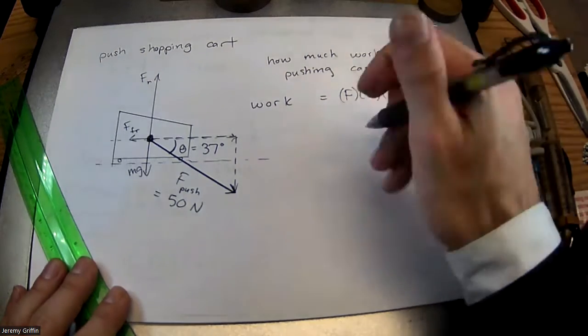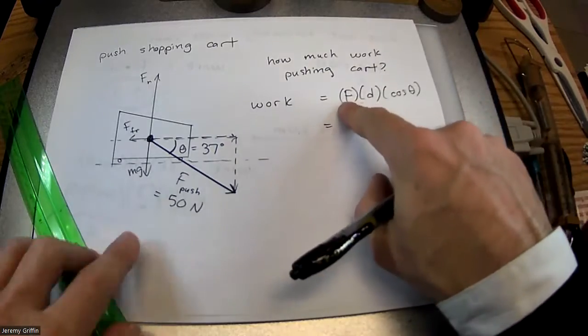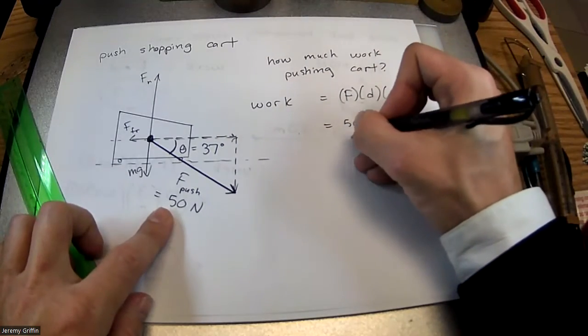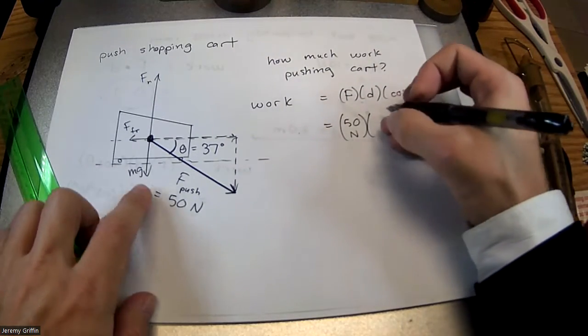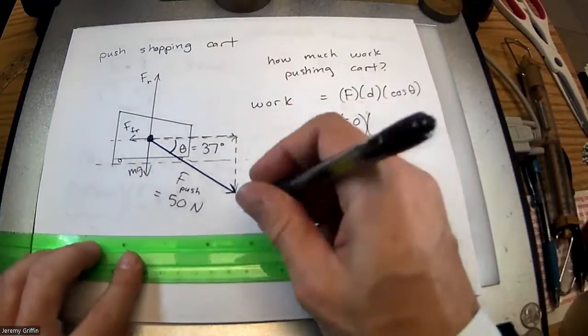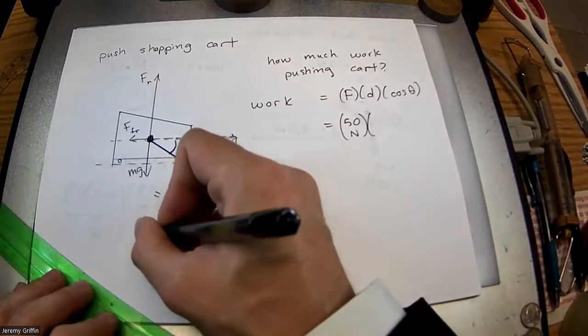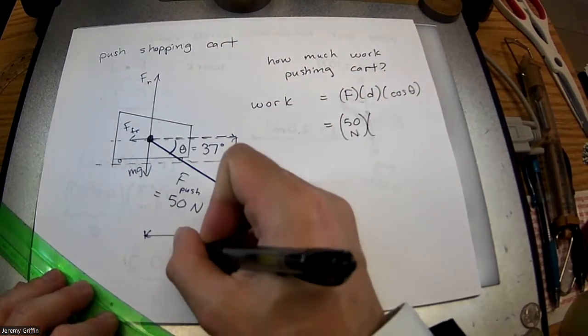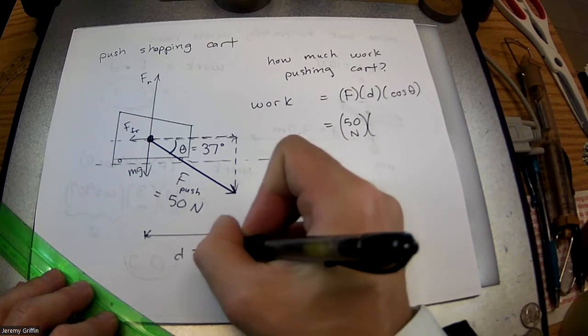Now, if you just plug in these numbers, I've got an applied force of 50 newtons. And I forgot to give you guys a distance. Let's say a distance of 7 meters. How about that?